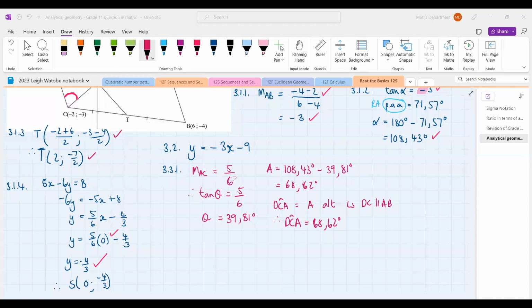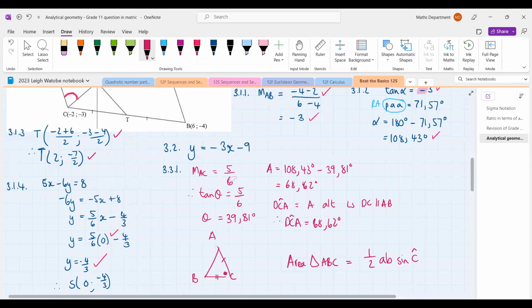Now Pinga, you are asking a question: what's the formula to calculate the area of a non-right angled triangle again? So now, Pinga, you want to use the area rule. If you've got triangle ABC, we would say that the area of triangle ABC would be equal to half AB sine C. So if this is the angle that we know, we need to have this side over here and that side over there.